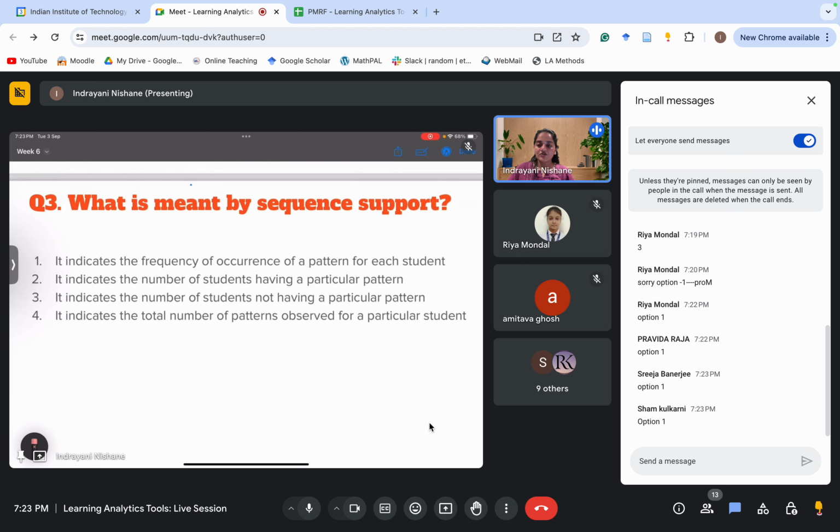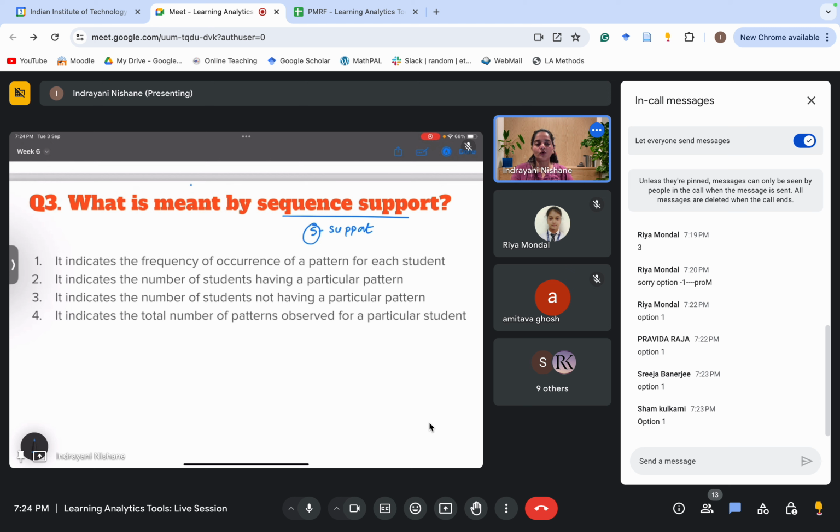What is meant by sequence support? Sequence support is also known as S support. I had given you one shortcut to remember. S stands for student, right?